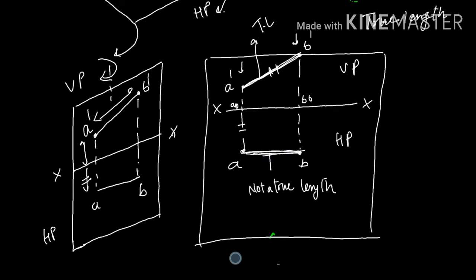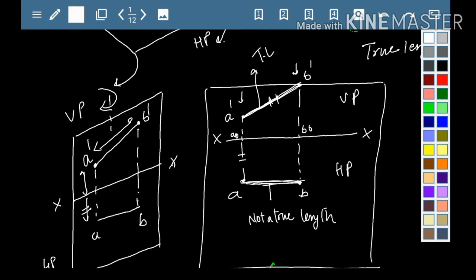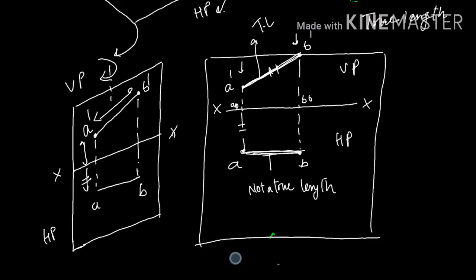In order to get the true length in this case also in HP, open your compass and place it over here, taking this as the radius.